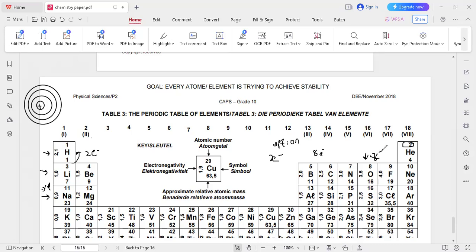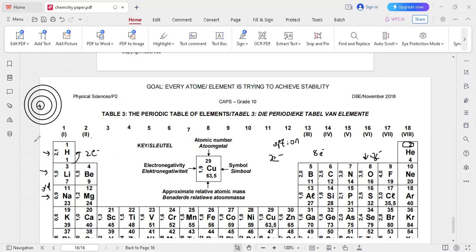Instead of losing the 6 electrons that it has, it will try to gain 2 more electrons to fulfill stability. But look at lithium. How many electrons would it need to gain? Just 5 more to reach the octet rule. No, it would rather lose one. It would rather settle on the 50% than do a whole lot of work to get to the 80 or 90%. So that is the fact that they're given options.